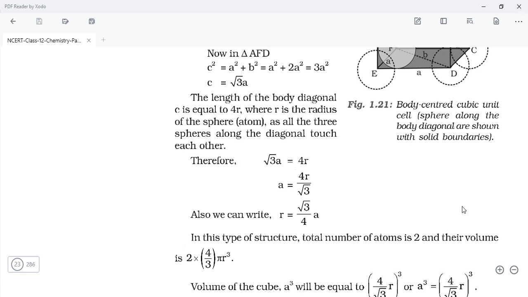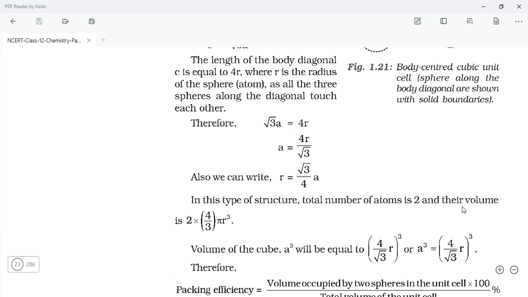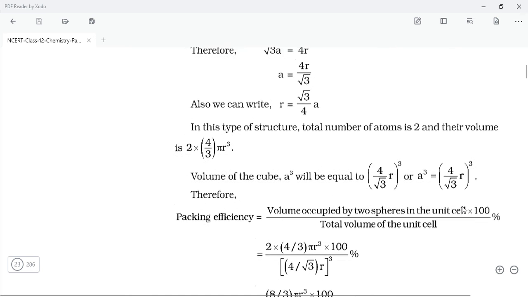In this type of structure, total number of atoms is 2 and their volume is 2 into 4 by 3 pi r cube. Volume of the cube a cube will be equal to 4 by root 3 r whole cube, or a cube is equal to 64 by 3 root 3 r cube.